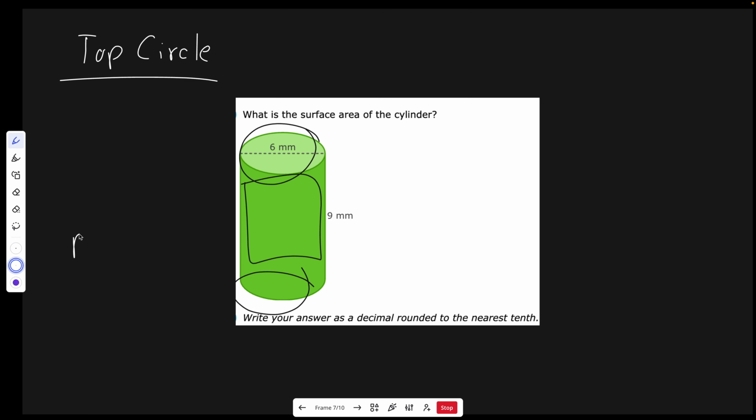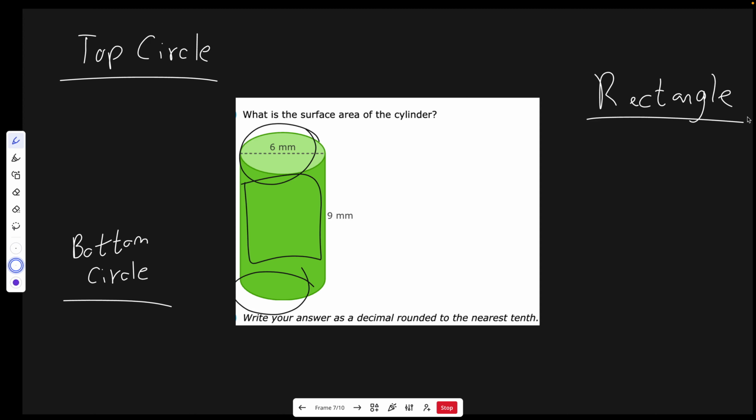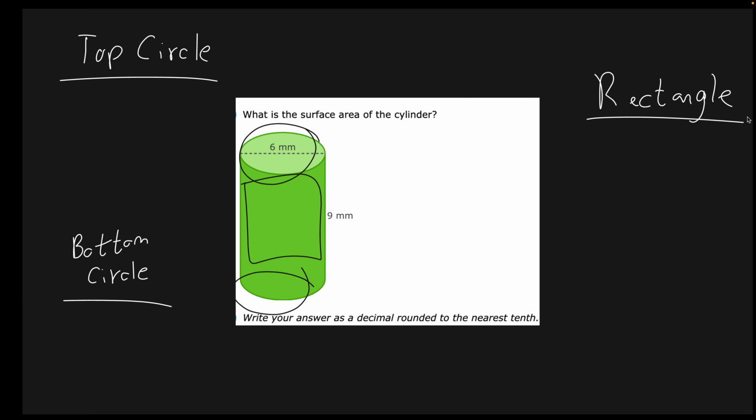Then we're going to do the bottom circle, and then we're going to do the rectangle in the middle. And remember, this is surface area, so we're just finding area. Surface area means, like, if I were to cover this cylinder with wrapping paper, how much wrapping paper would I need? And so you have to cover the two circles and then the rectangle.